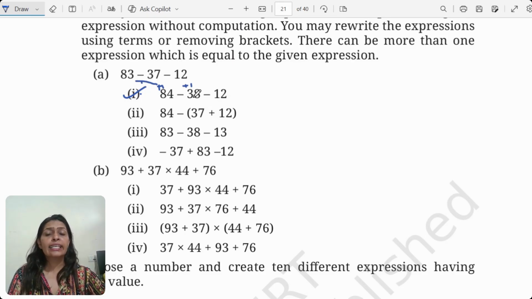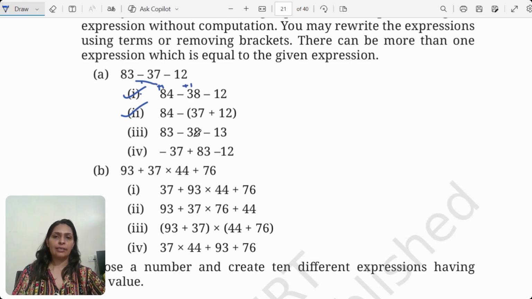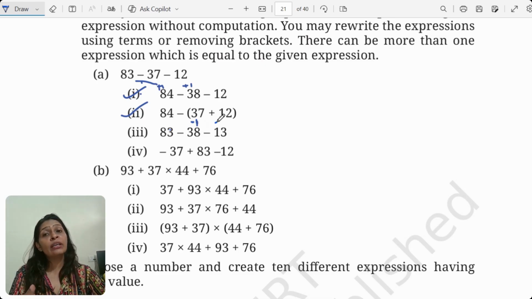Secondly, in the second expression, what we did is we have taken the negative sign common. And whenever I take a negative sign common, it alters the sign. So actually, this is also the same as that. Third part, what we did, 83 remained 83 and minus 37 became minus 38. Now see, here I have increased one negative, and again the negative 1.